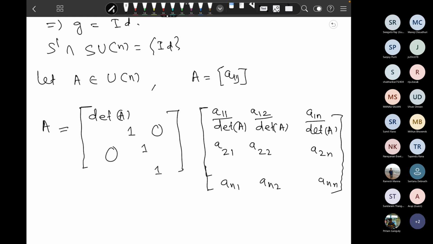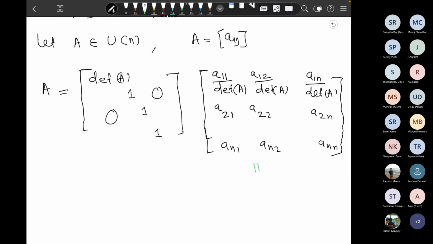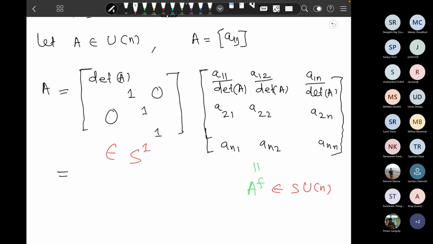I will call this second thing A'. So A' means the matrix obtained from the matrix A by dividing the first row by the determinant of A. By definition, the first element belongs to S1, and the second element belongs to SUN.